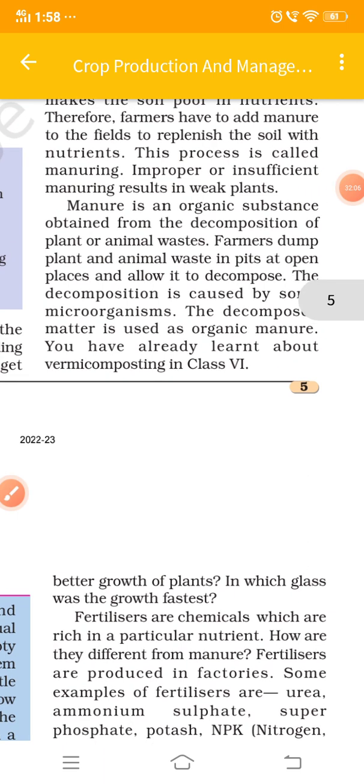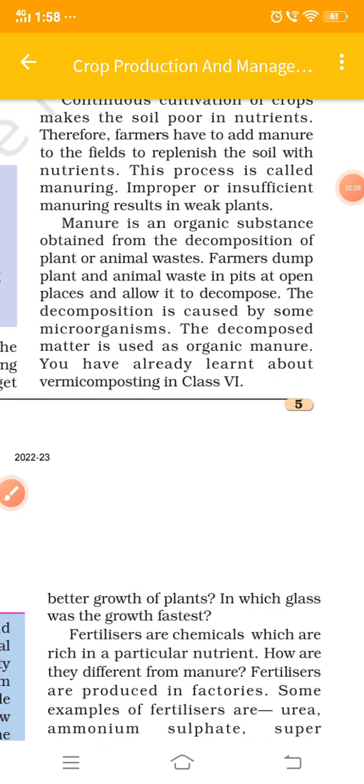Manure is an organic substance obtained from the decomposition of animal or plant waste. Decomposition produces humus. Farmers dump plant and animal waste in pits at open places and allow it to decompose. The decomposition is caused by some microorganisms.